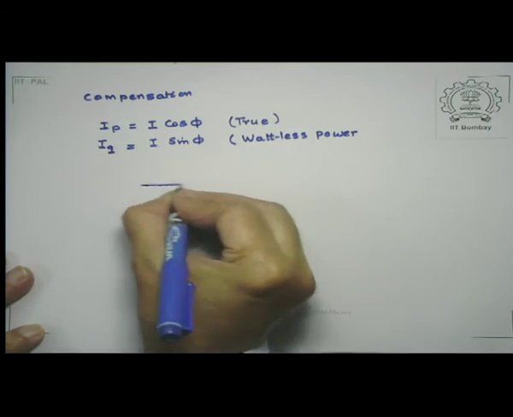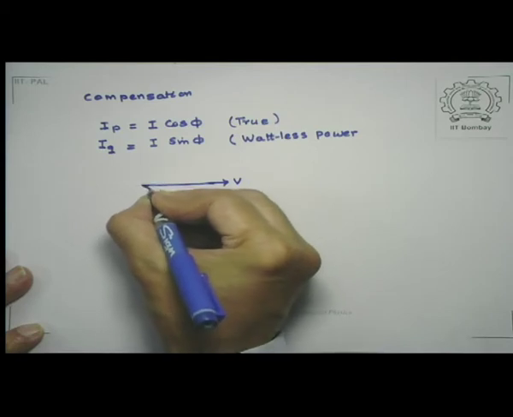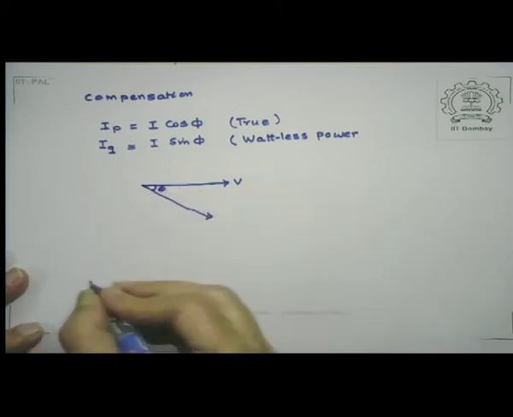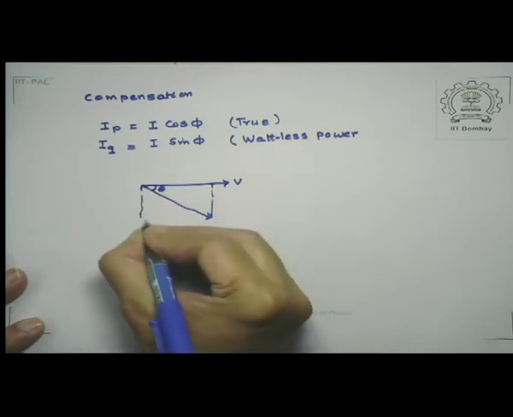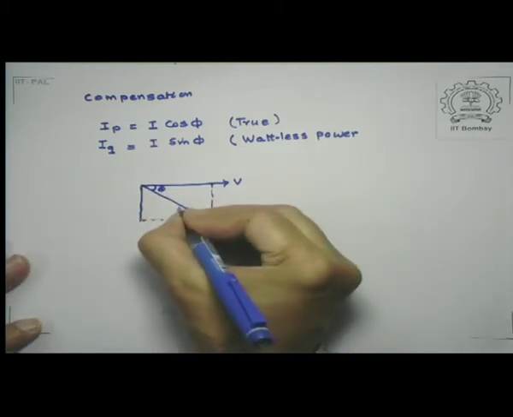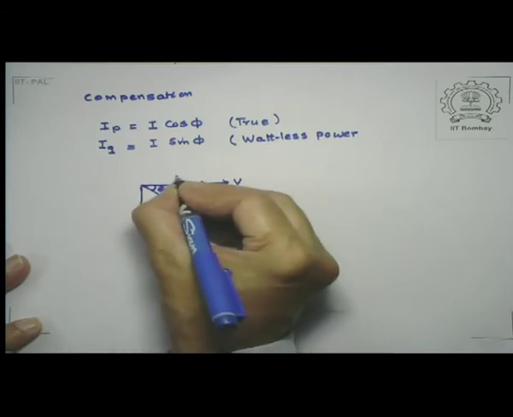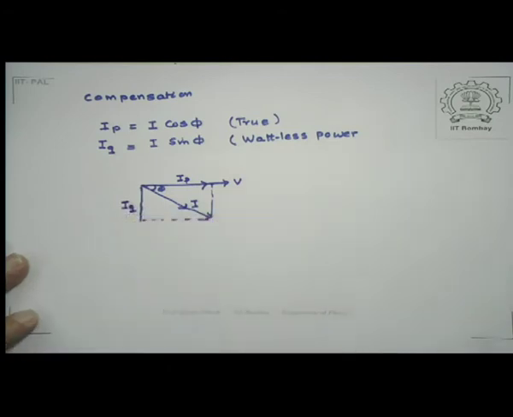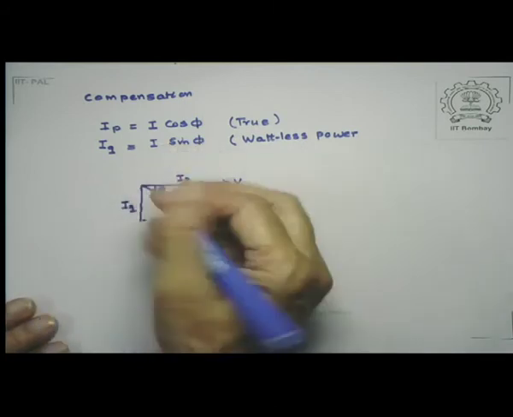Remember that this was my direction of V. Since it was an inductive circuit, I said let the direction of current be here like this. This is phi. And so these are the components, by completing the parallelogram. The component of I along V is what I call IP, and perpendicular to V is what I call IQ. Now ideally what I would like to do is to compensate for this I sin phi component.